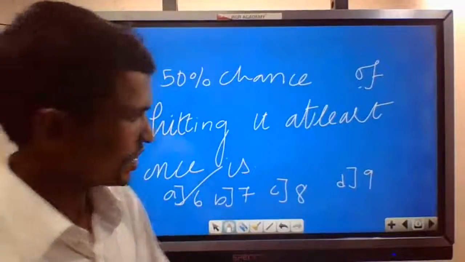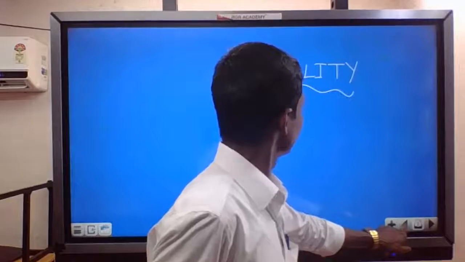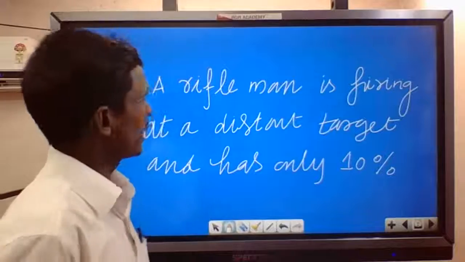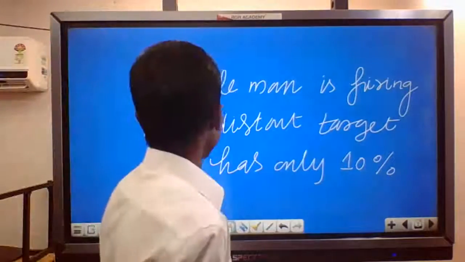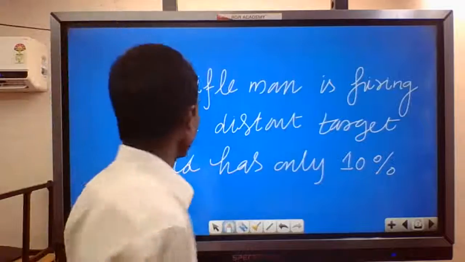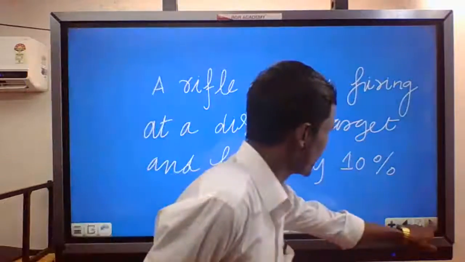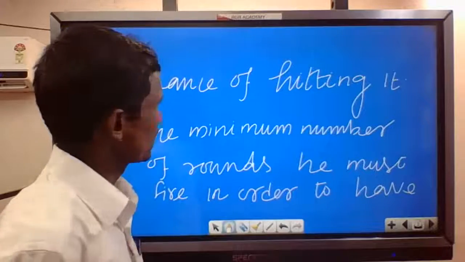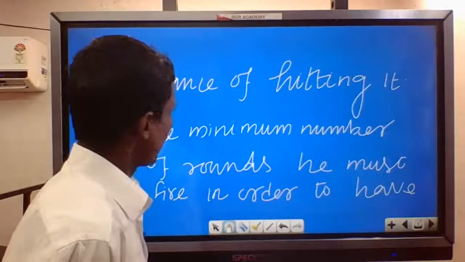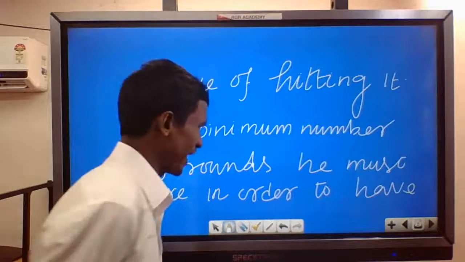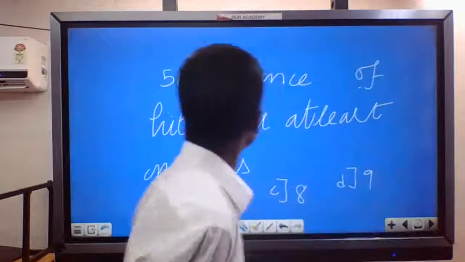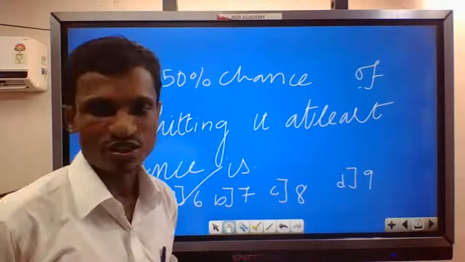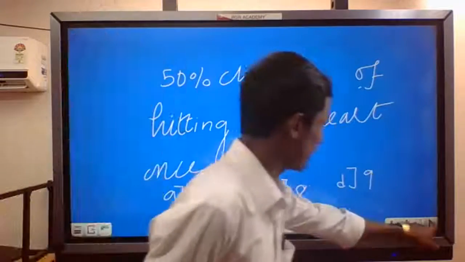Once again, I read this problem. A rifleman is firing at a distant target and has only a 10% chance of hitting. The minimum number of rounds he must fire in order to have a 50% chance of hitting at least once: 6, 7, 8, 9.